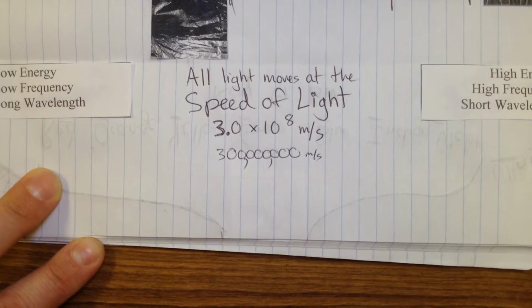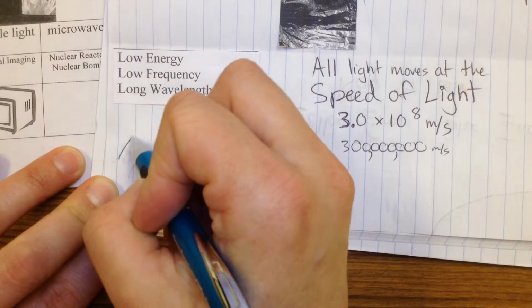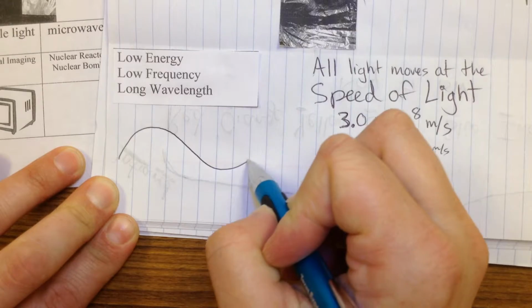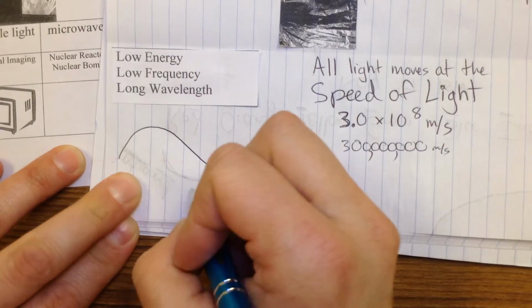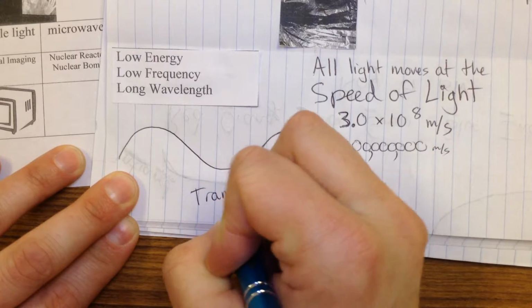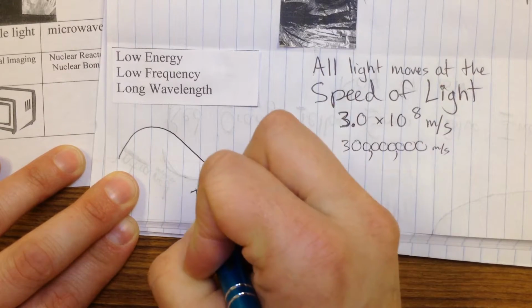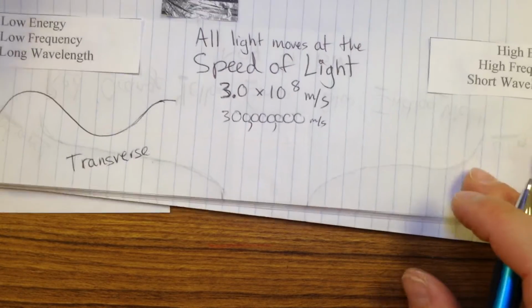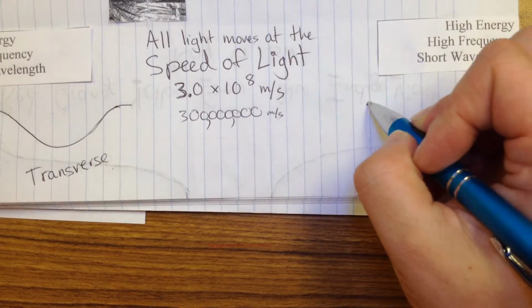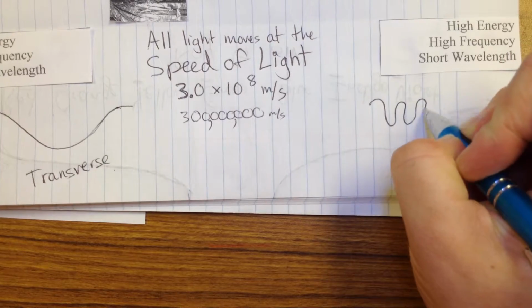A little bit more visual here. Okay? Long wavelengths. All right? Electromagnetic waves, they are transverse waves. These are transverse waves. All right? Over here, shorter wavelengths.